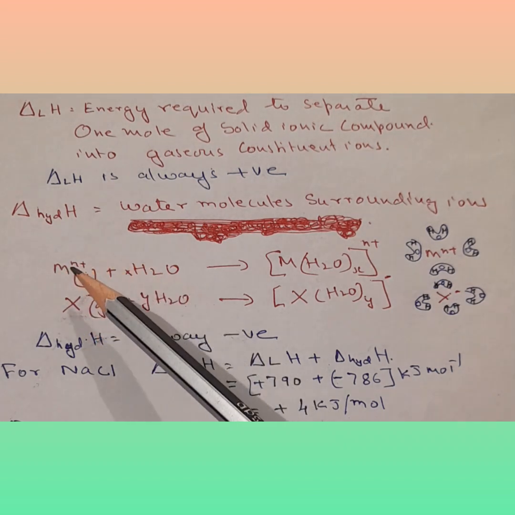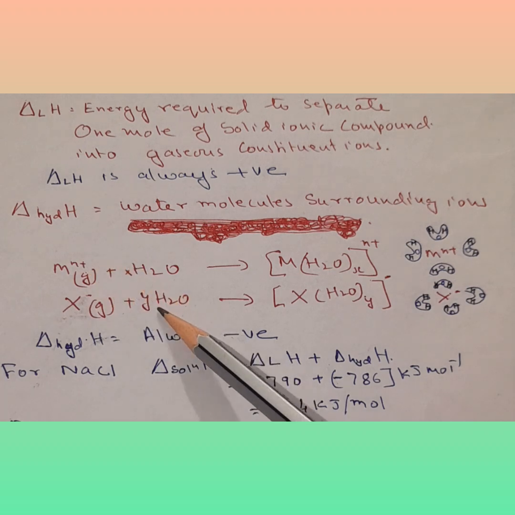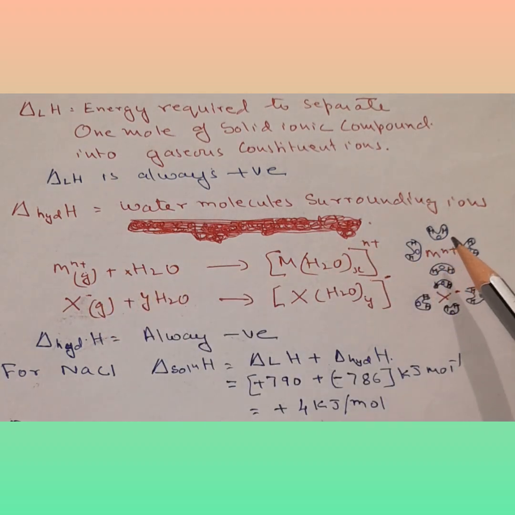X molecules of water surround it, Y molecules of water surround this. How does it surround? In case of water, H2O, O is more electronegative than hydrogen. So we have delta negative on oxygen and delta positive towards hydrogen. So the delta negative of water would be facing the cation.